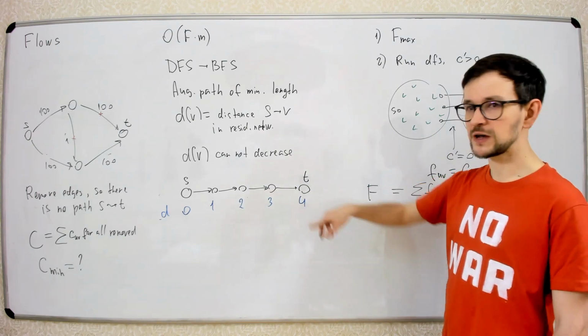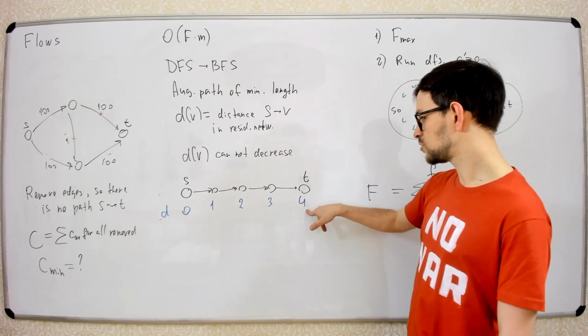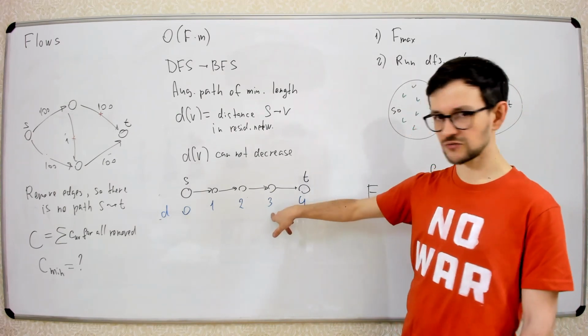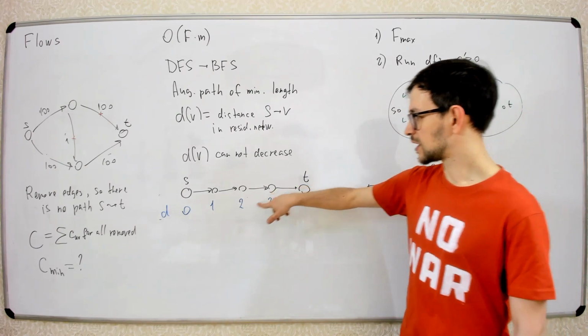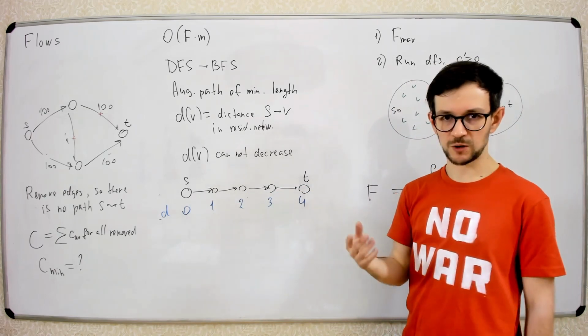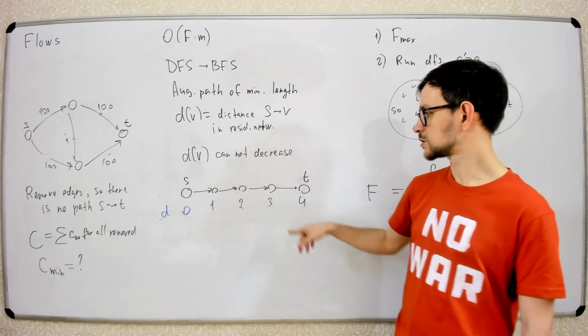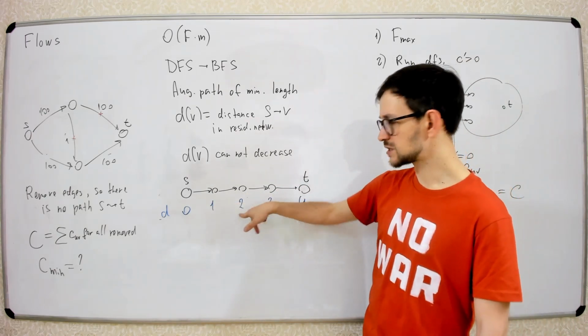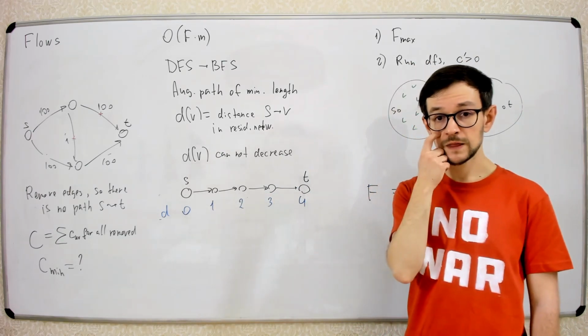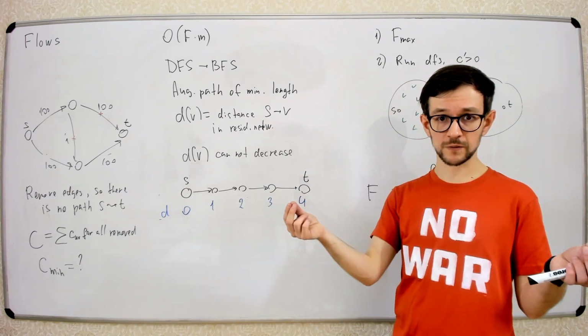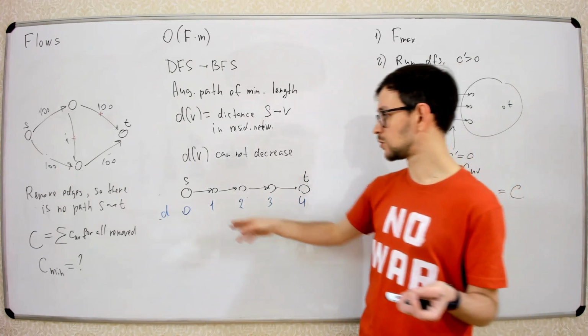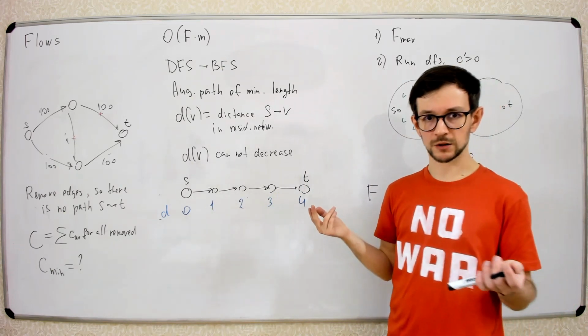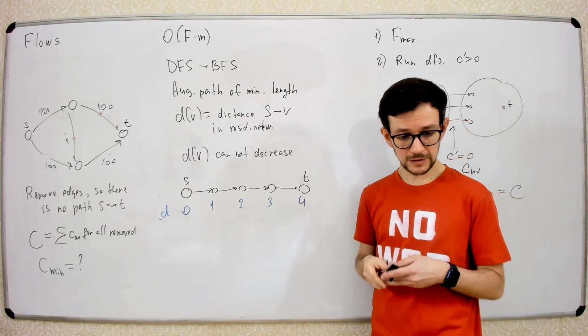If you take the shortest path, then you must go from some node with distance 3. Again, this part of the path is shortest possible because this path is shortest possible. So if this distance is 3, this distance must be 2, and so on. So if you take any shortest path in a graph, the distances will be increasing by 1. That's how shortest path works.